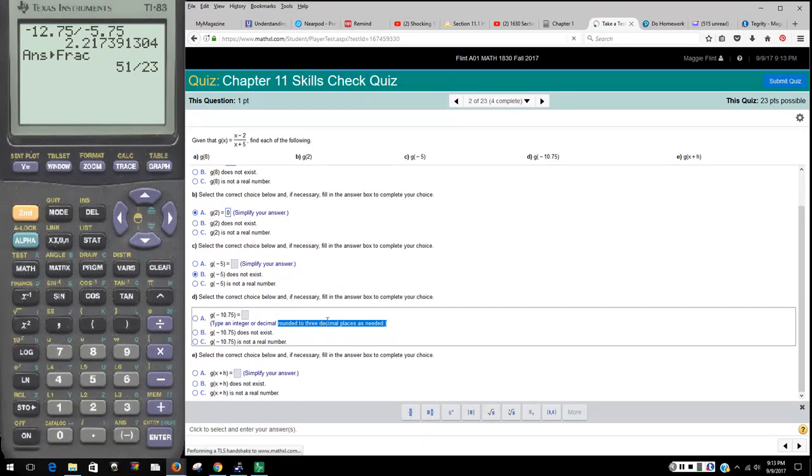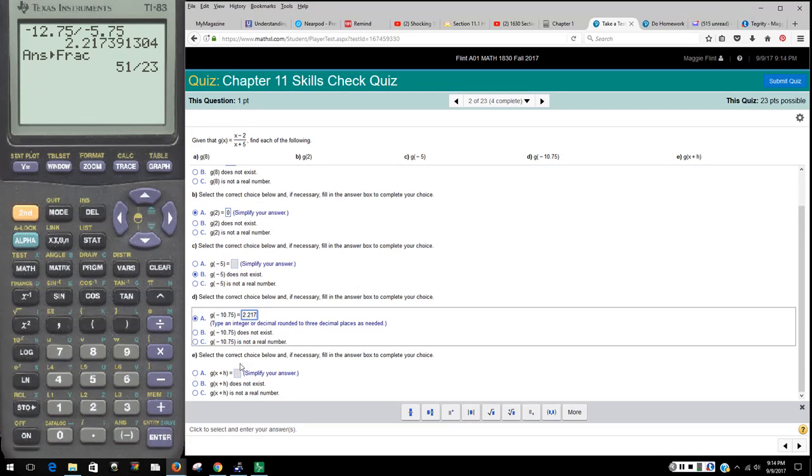So if you try to type in all those decimals, it's going to count it wrong. So what you want to do is round it properly to 3 decimal places, and that's going to be 2.217. Since the 7 is followed by 3, then we're just going to drop the rest of that decimal number. So that's going to be 2.217.